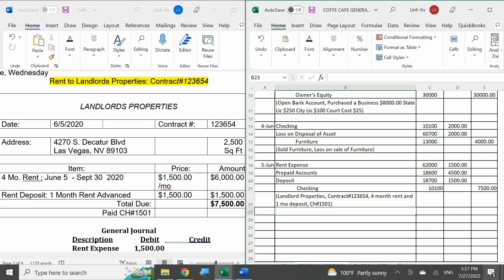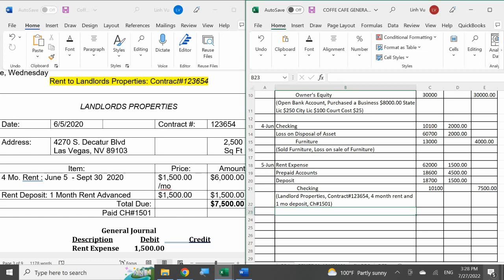In case for any reason that this landlord decides to say, you never paid me, you have it on your records saying that, yes, I did. I paid you with check number 1501. Okay? So again, this is also to back yourself up, because in case you come into problems with a vendor saying they never received a check, you can back yourself up by saying, yes, I did, and I sent it on this date, and you could verify the address and so on and so forth, right?